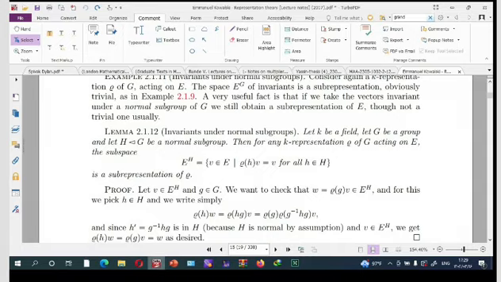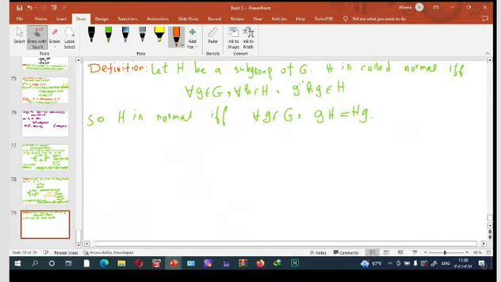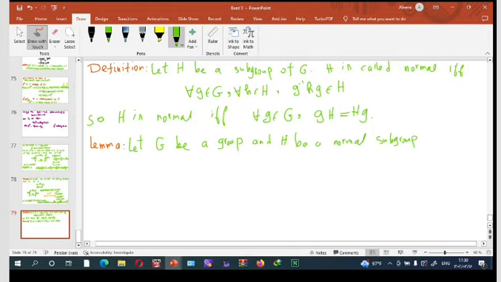Lemma: let G be a group and H be a normal subgroup of G. Okay.